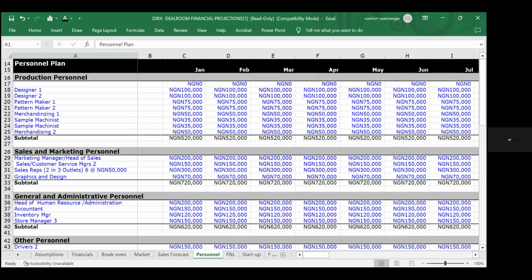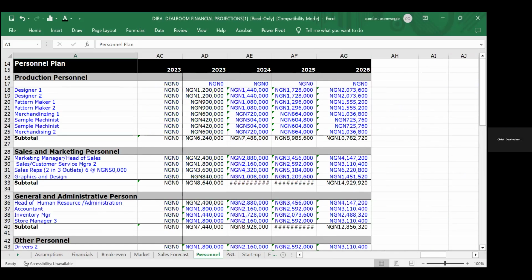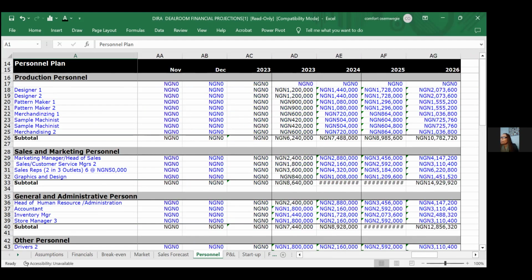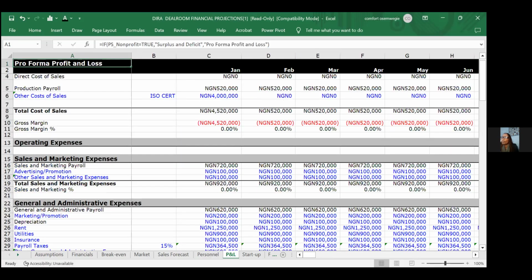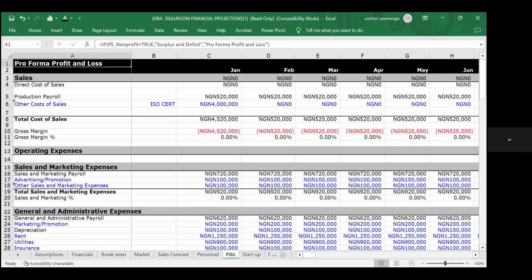Very important. That way it goes into your P&L as well. We're going to bring in how much it costs. So what you forecast here from your market sales forecast is what will become your P&L, on how you then make money.